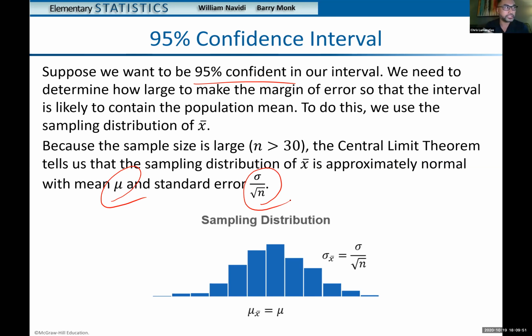So take note of this. The mean of all the means is equal to the mean, and the standard deviation of all the means is equal to the population standard deviation over square root of n.